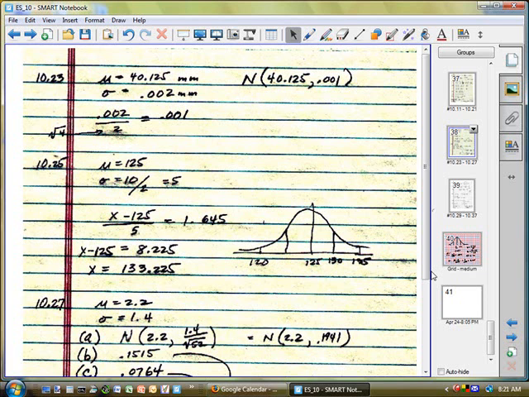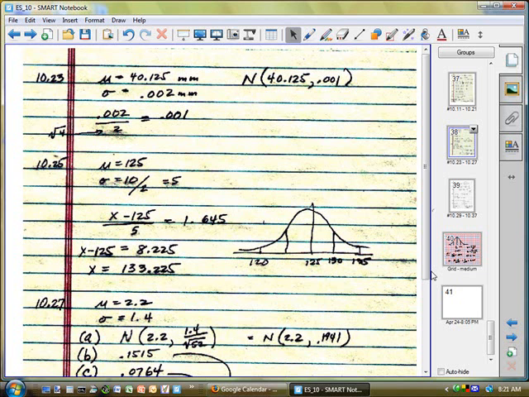Right between 6.4 and 6.5. You see that? And so what I did is split the difference. What's half between 0.64 and 0.65? 0.645. So that's where I got this from.